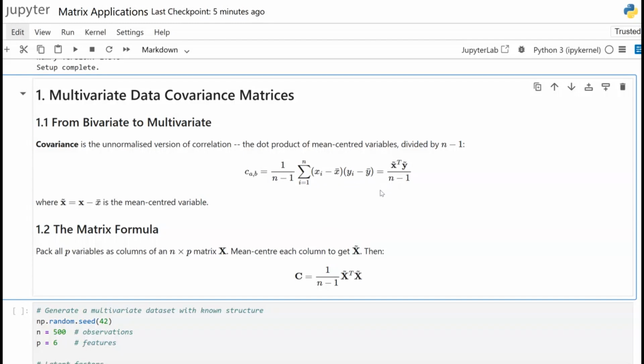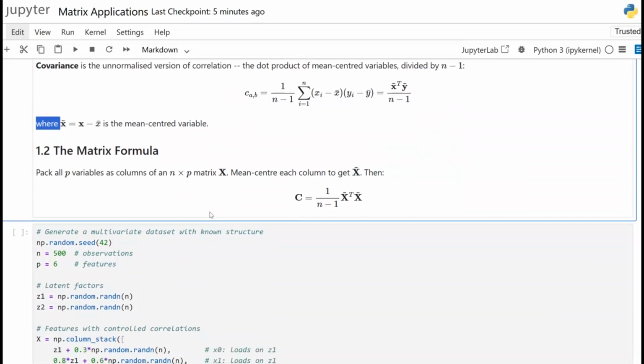It equals 1 divided by n minus 1 multiplied by x tilde transpose multiplied by y tilde, where x tilde, which is equal to x minus x bar, is the mean centered variable.